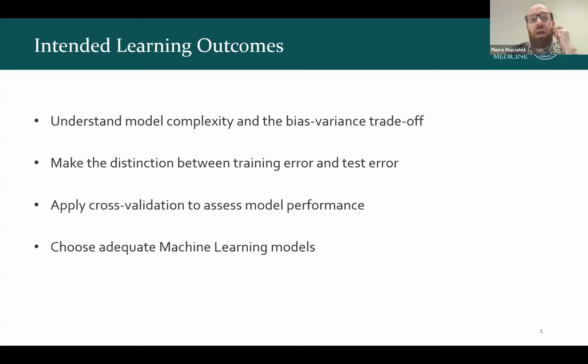And so the idea of this quite short lecture today is really, first, to understand the theoretical underpinnings of what we call model complexity and the bias variance trade-off, to really make this distinction between training error and test error, and I will define that a bit later. How cross-validation works to assess model performance, and so with all of that, to be able to choose adequate machine learning models.